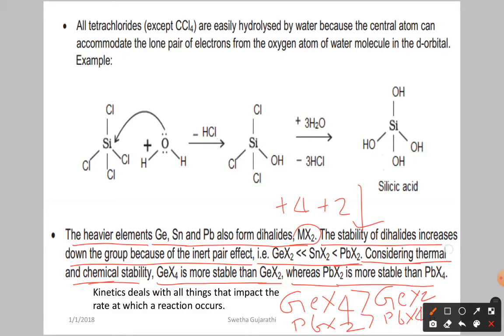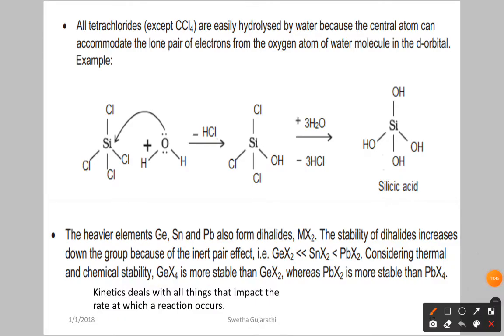Thermal stability refers to how it behaves on heating, and chemical stability refers to how it reacts with another species.